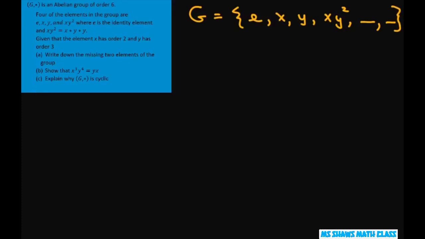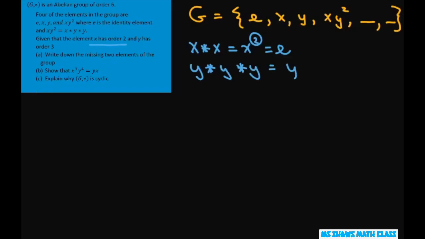Now, given the information that we have, X star X has order 2. That means this equals your identity element. And Y star Y star Y equals Y cubed, which also equals your identity element.